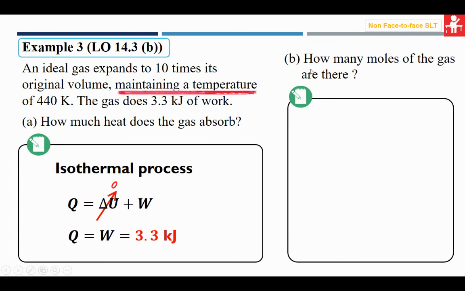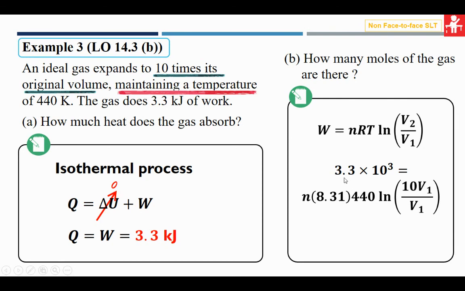B. How many moles of the gas are there? The question asks us to find n, the number of moles. We can use the formula of work done for isothermal to find n. Substitute all the information given.